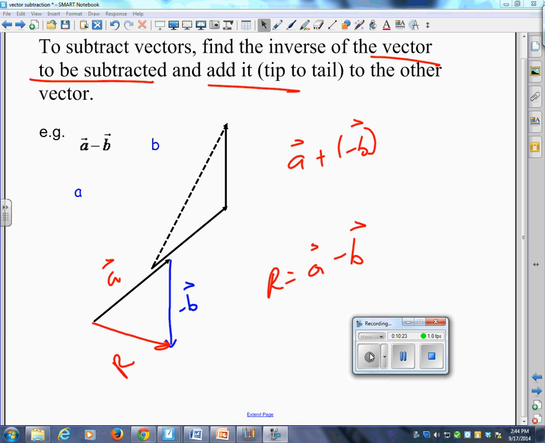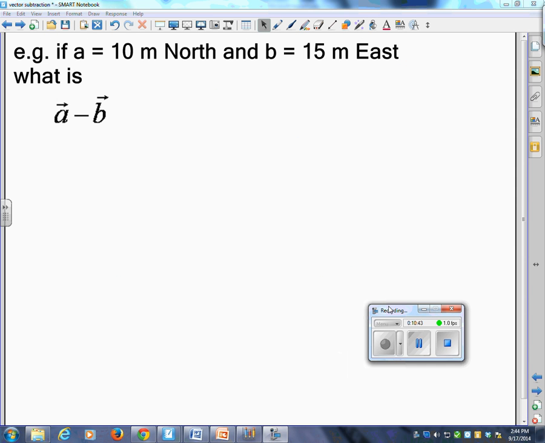Plus, there's one more step. This part is easy. When I throw it into a word problem, then people say, I don't get it. Let's do an example and see if you get this.